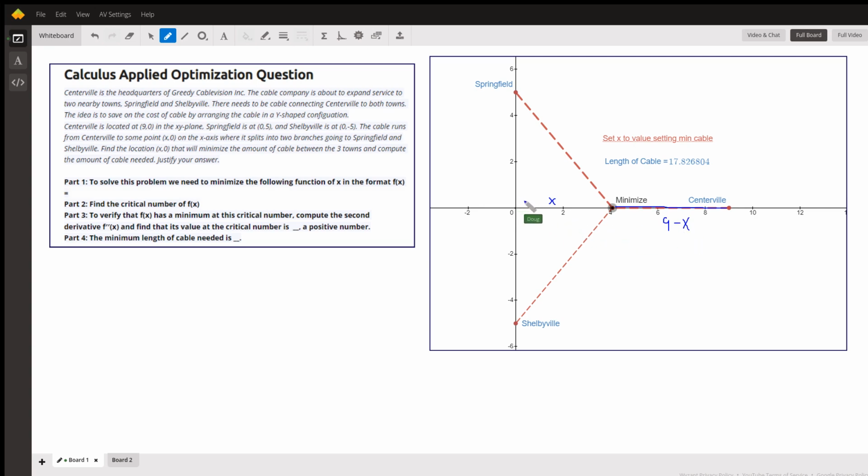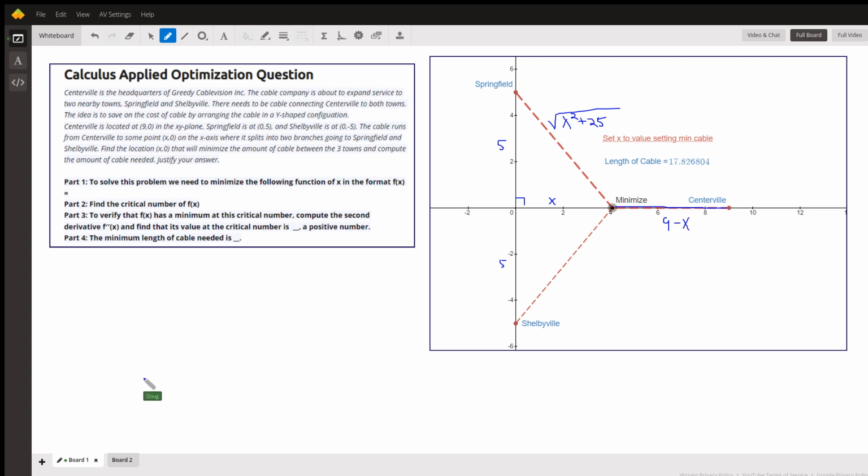And now these are right triangles, so this distance we can find by the Pythagorean theorem. This is 5. This distance is 5. So these two distances are the square root of x squared plus 25. And of course we add on the length from the minimized point to Centerville, which was 9 minus x.